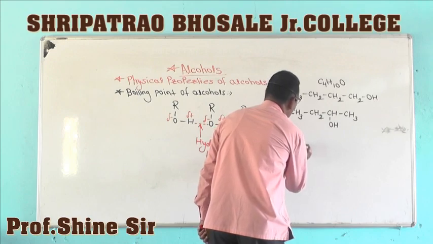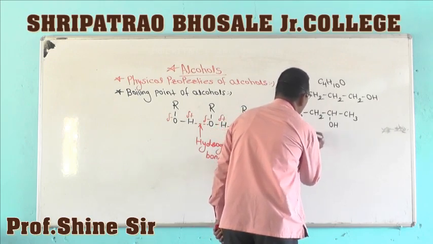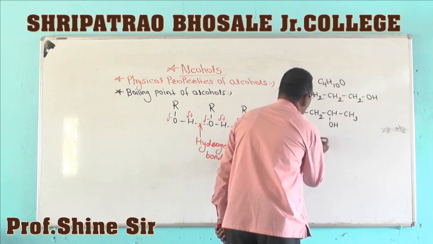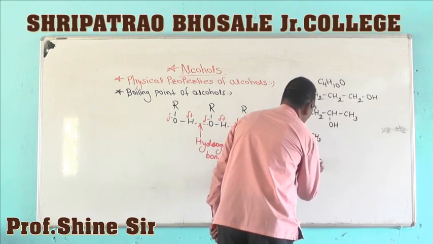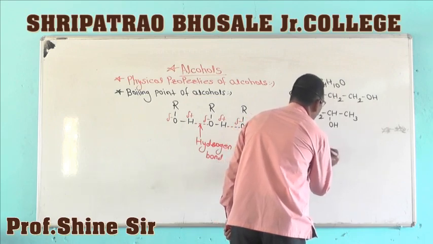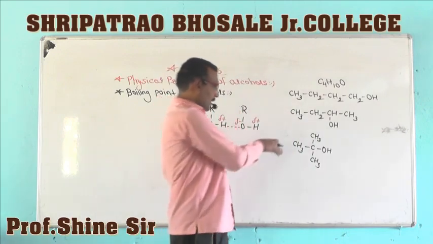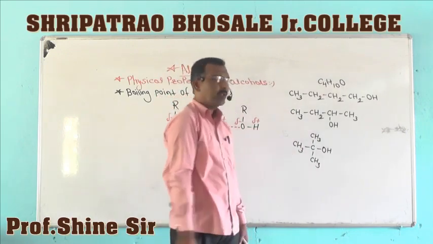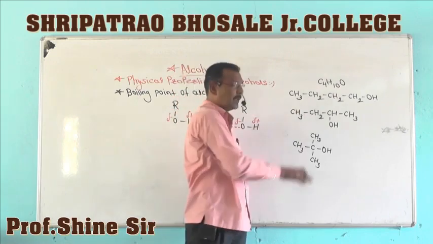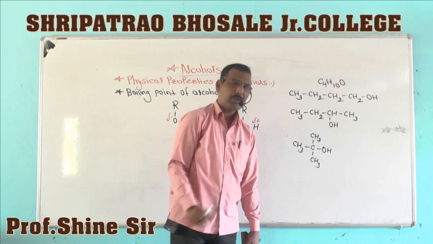I will show another isomer here, that is tertiary butyl alcohol. Now these are the isomers of C4H10O. Now here we have to see the boiling point order.